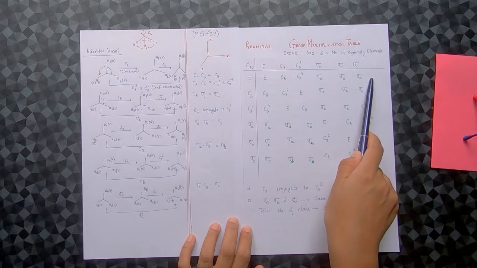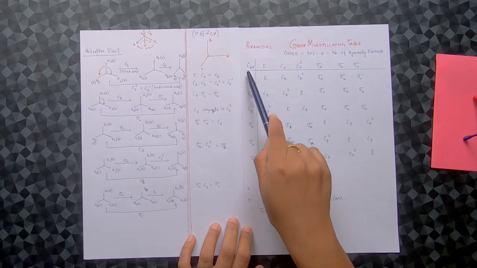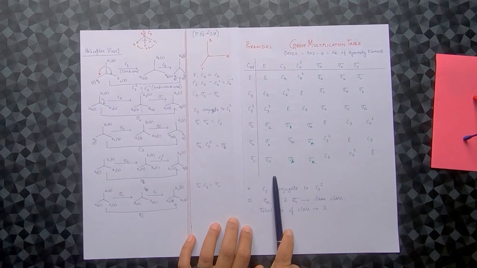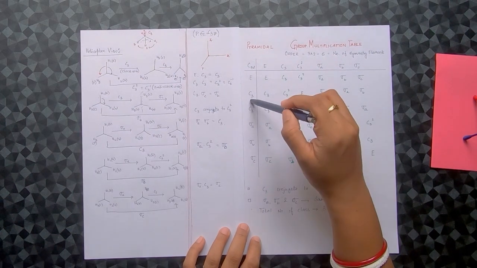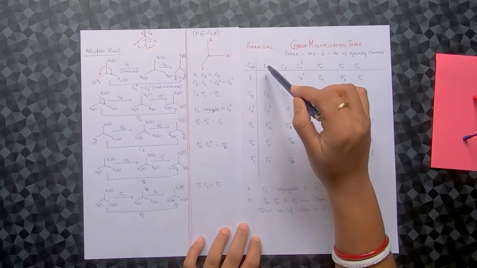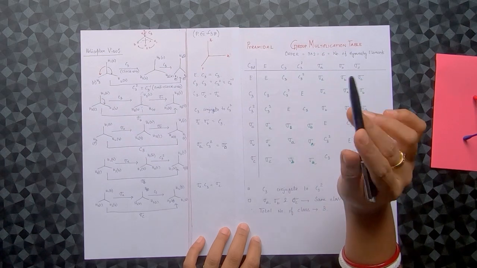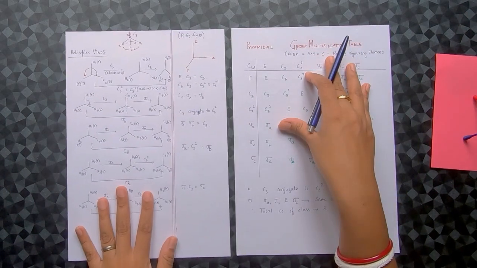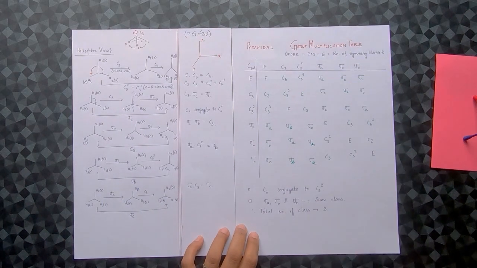So it is happening here. E is combined with all those elements, which remain unchanged. Then C3 into C3. C3 into E is E. C3 into C3 means the first operation is C3 followed by a second operation, which is another C3.